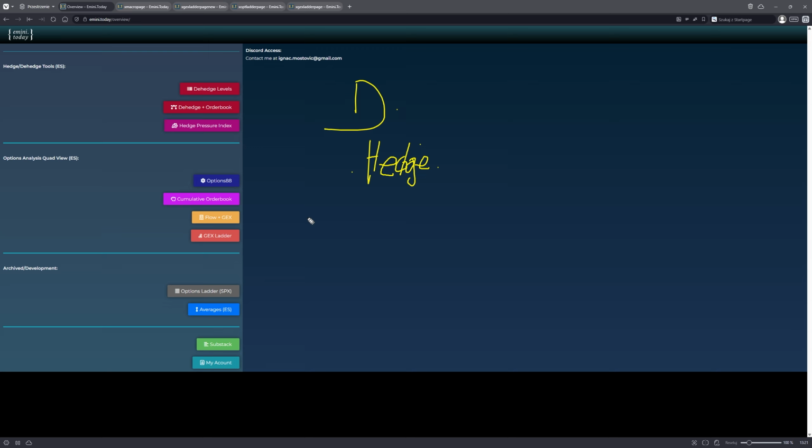But with options, to be able to trade like we are able to trade SPX options, having all these strikes and all these expirations, there has to be a mechanism made possible by the dealers who are actually making the market.